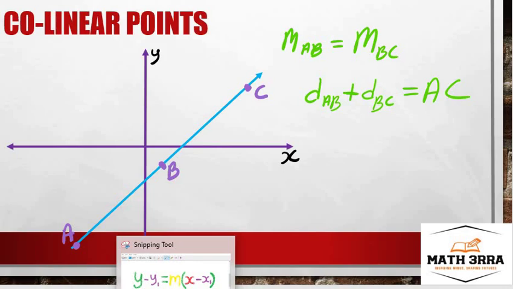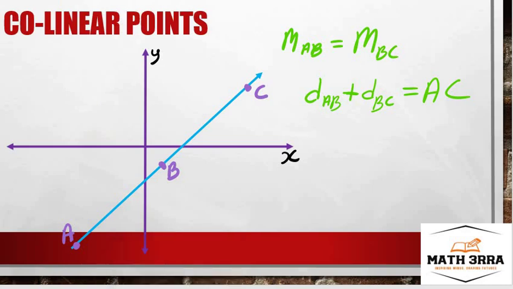I just want to leave you with a very final point before we close this video. That's collinear points. That is to say, let's say you already know the gradient of AB, you know m of AB.